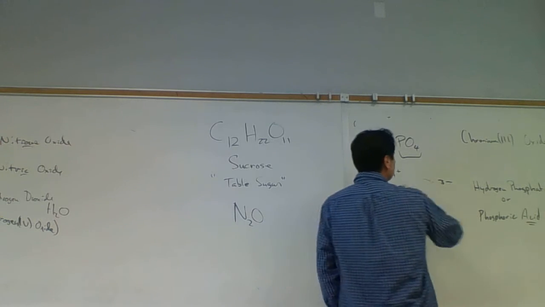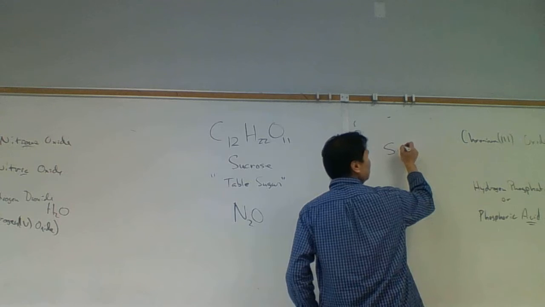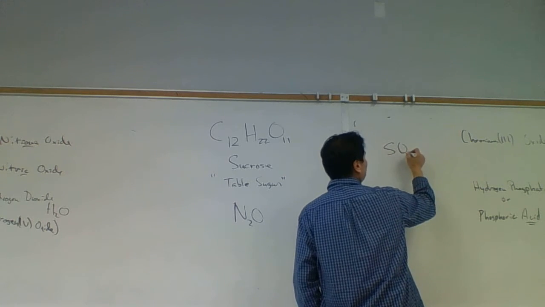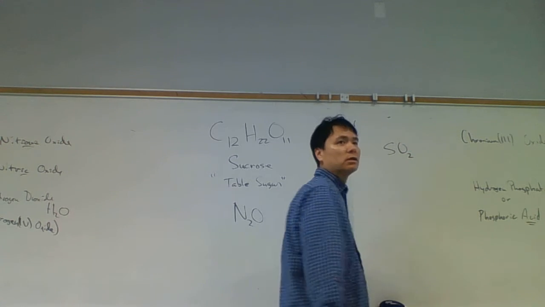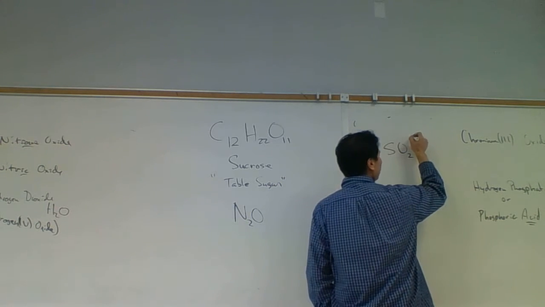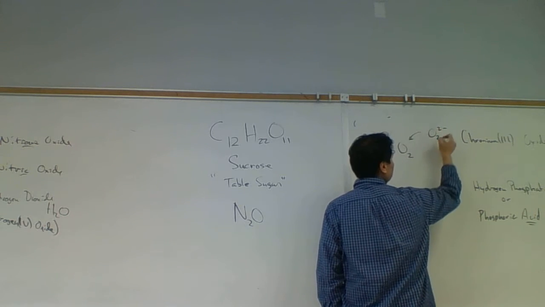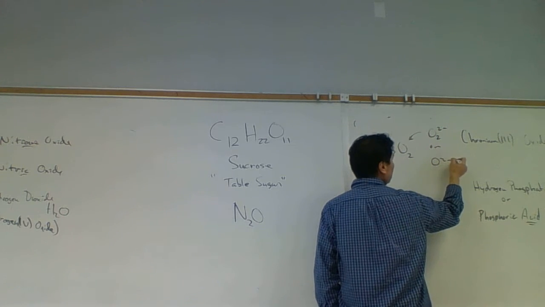Let me talk about the charges on these a little bit more. On sulfur, if we look at sulfur dioxide, what's the charge on oxygen? We have to be careful because is this peroxide or two oxides? Is it one peroxide or two oxides?